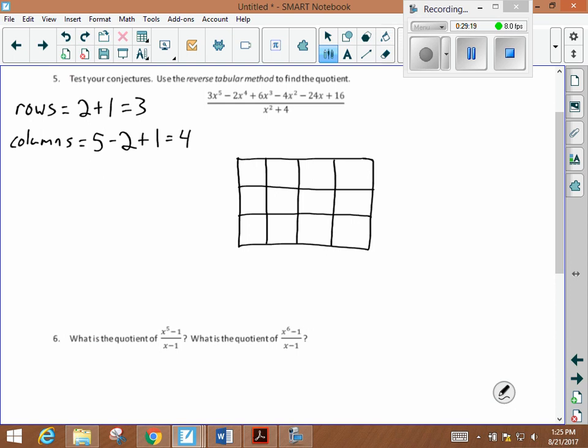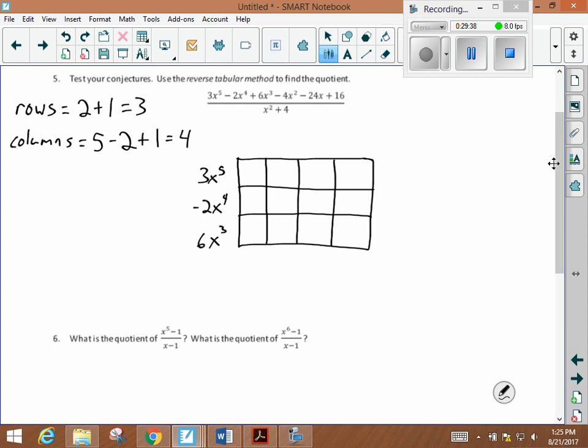Remember, our numerator is going to be what we put on the outside here. So negative 2x to the 4th, right? Because that minus sign does live with that 2x. It is a negative 2x to the 4th. There's our 6x to the 3rd.